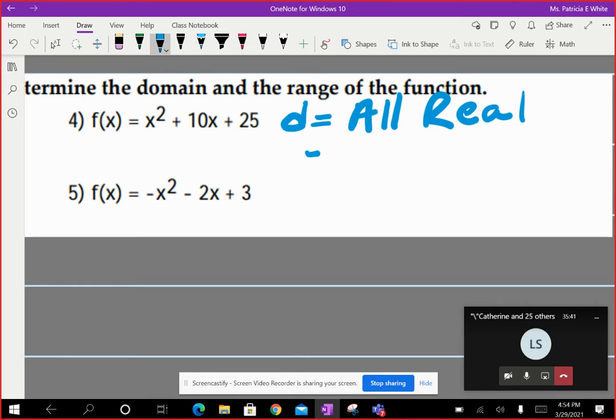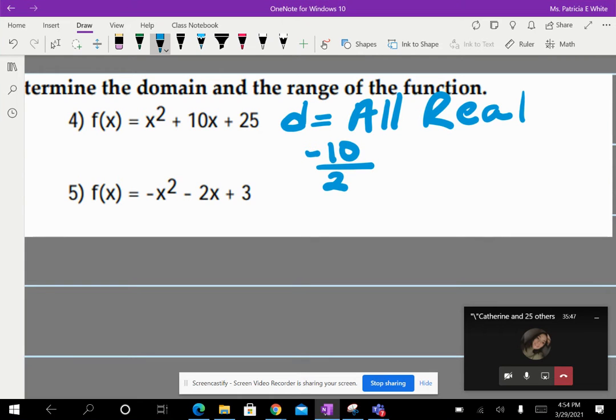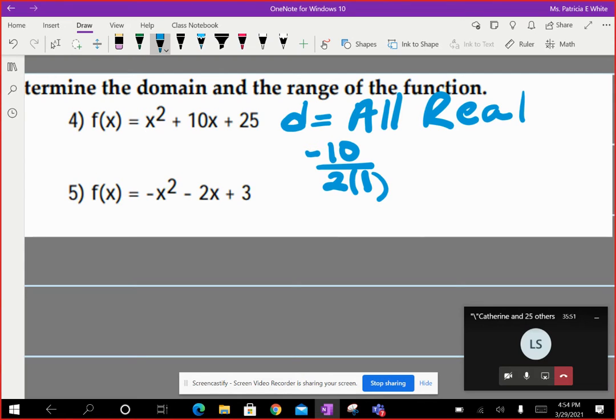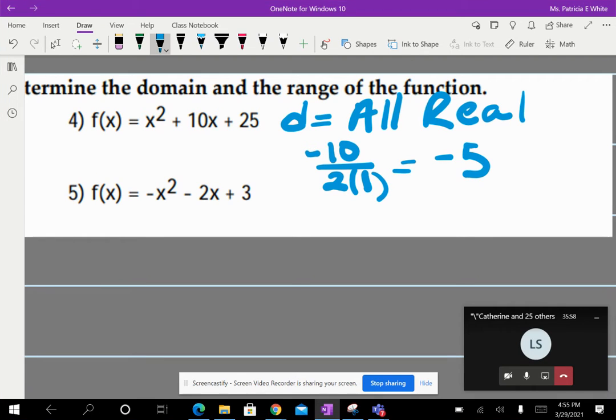Negative 10 over 2 times 1 gives me a negative 5. Good. All right, but that's my x, right? I still need to go back in.